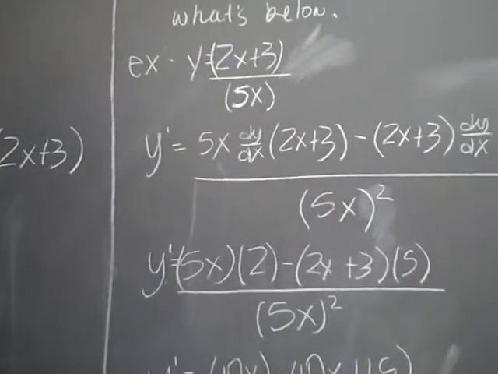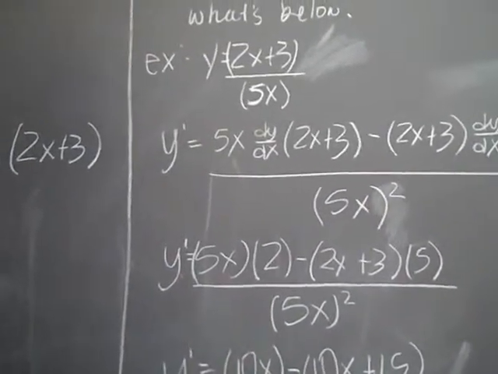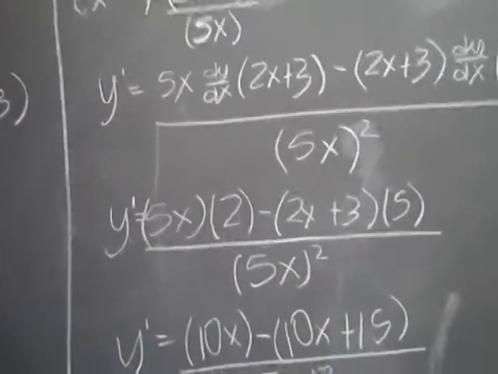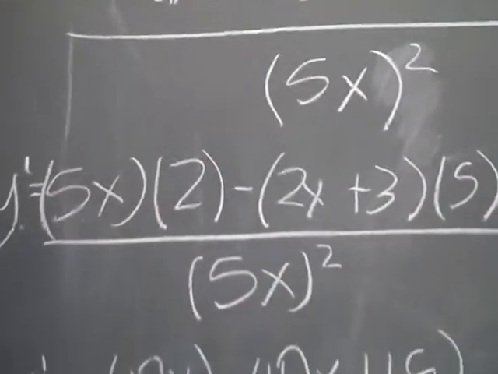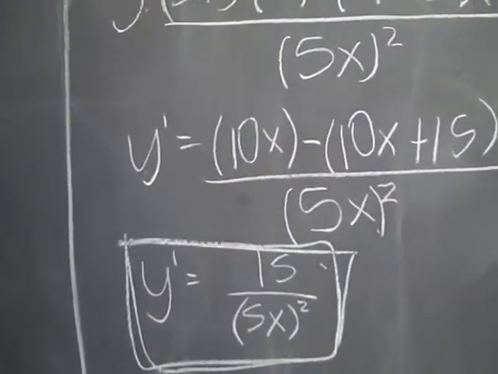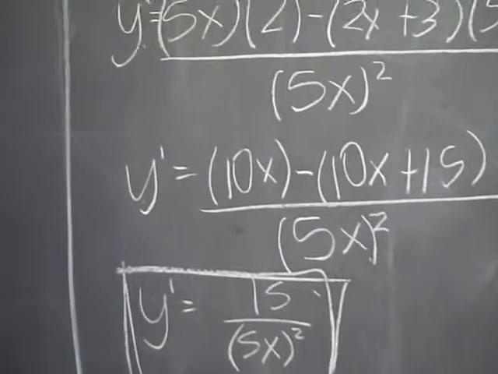And obviously you're going to have to simplify it, and it ends up looking a little bit like this. And simplify it again, and bam, there's your answer. It's a lot of simplifying and plugging in.